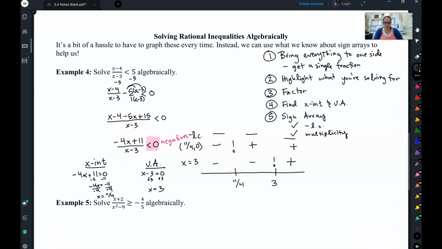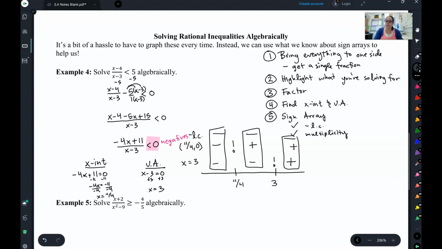Now that I've done my 2 check steps, I can look down the columns to see what the sign for that area is. 3 negatives makes a negative, 2 negatives and a positive makes this section a positive, and 1 negative and 2 positives makes this section a negative. I am looking for my negative sections.